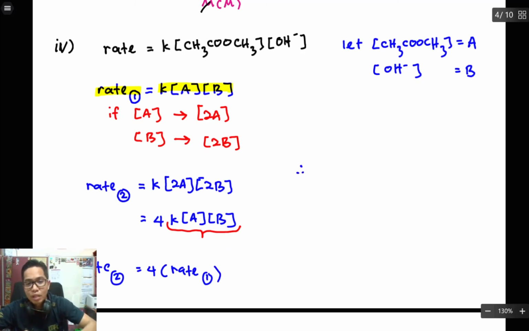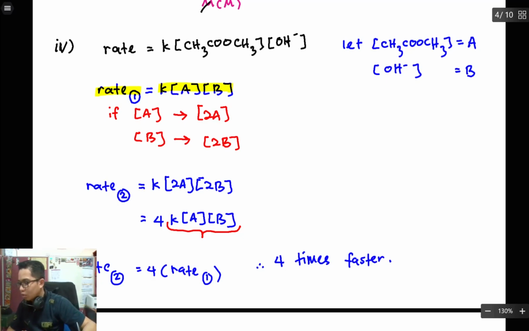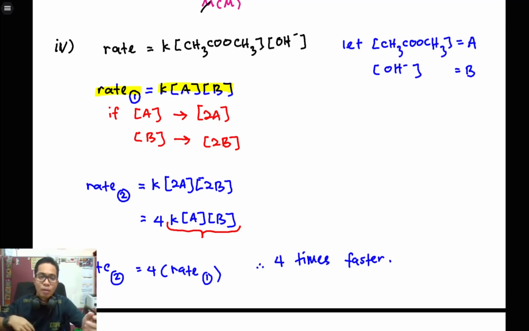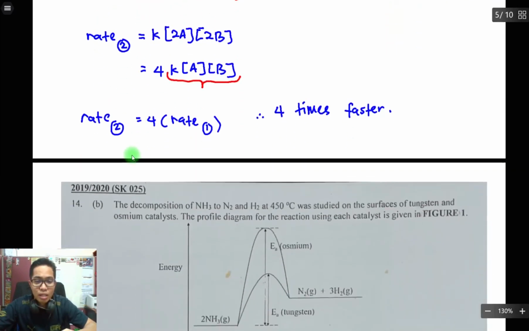So how many times? Plus pula 4. So 4 times faster, or increase by 4 times. How many times will the rate increase? Jawapannya 4 times. Okay, so that is for question number 14A.